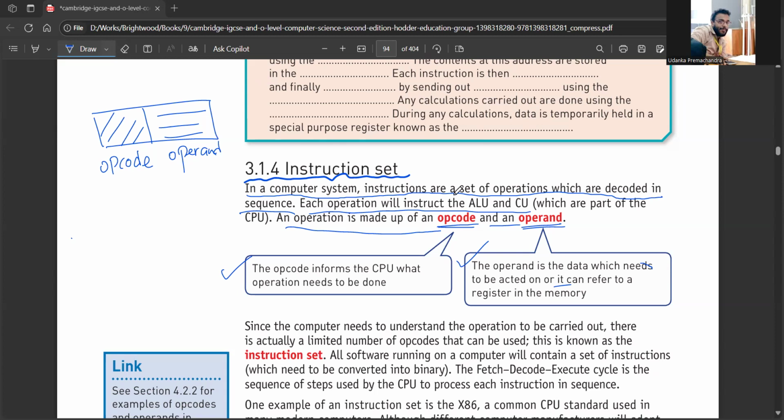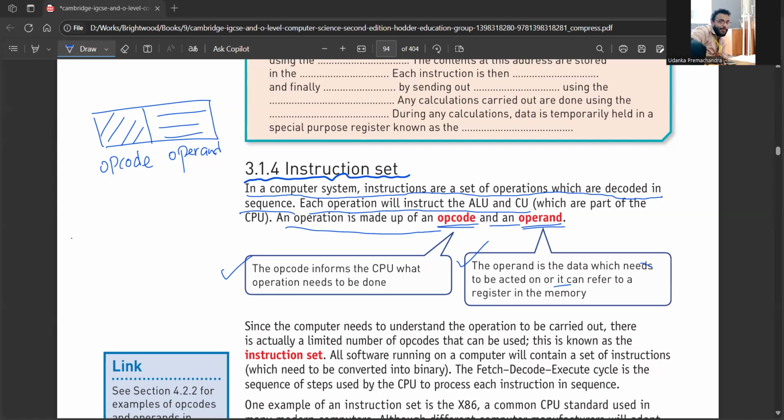So in a computer system, instructions are the set of operations which are decoded in the sequence. They are having main types of operations, called instructions, which are decoded in sequence, and these operations instruct the arithmetic and logical unit and the control unit.